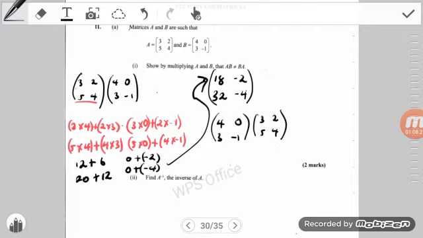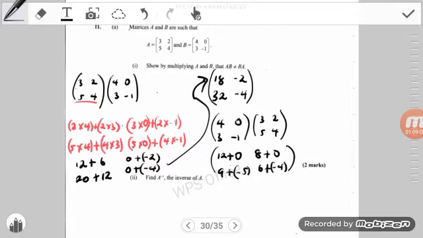So row by column. I'm just going to do it in my head pretty much. I've shown you the sequence, so you can pause the video right now and try to do it this way if you'd like. So 4 times 3 is 12, plus 0 times 5 is 0. 4 times 2 is 8, plus 0 times 4 is 0. 3 times 3 is 9, plus negative 1 times 5 is negative 5. 3 times 2 is 6, plus negative 1 times 4 is negative 4.